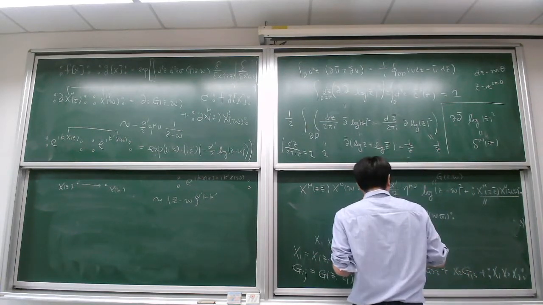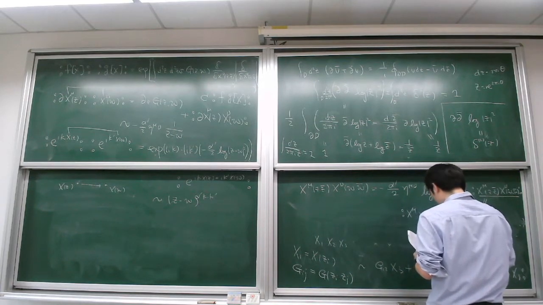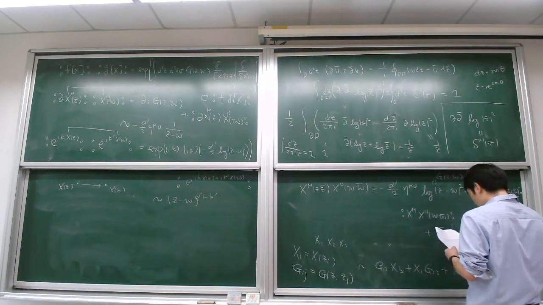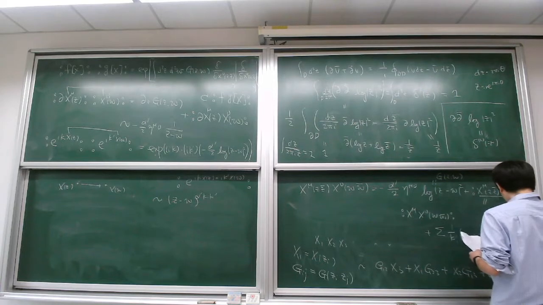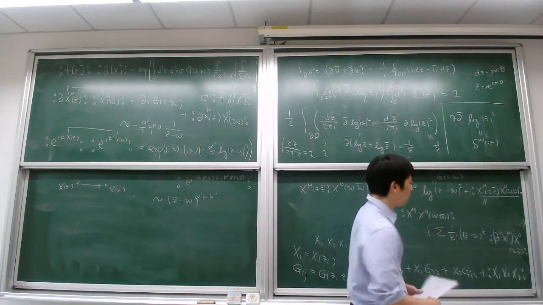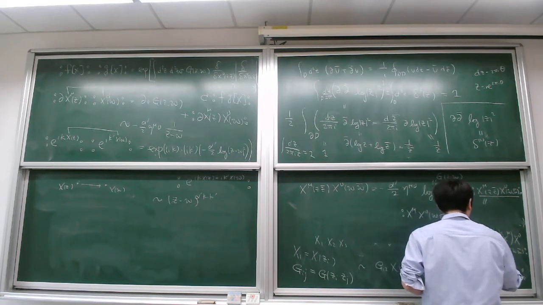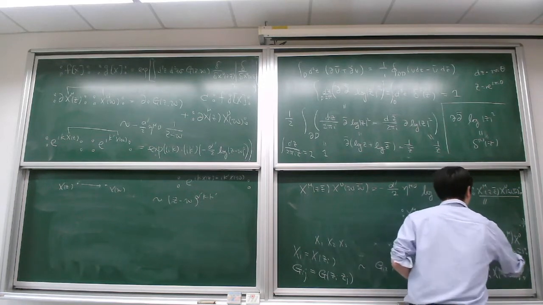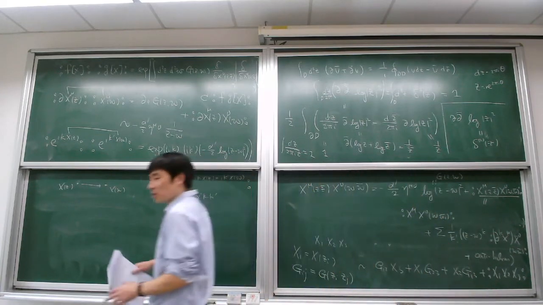Plus the sum over k of 1 over k factorial, z minus w to the k, and then the holomorphic part, partial to the k of X mu, and X nu at w. And then the anti-holomorphic part, so you have another thing with z bar. Plus, you just take the conjugate, with bar. That's what you have to do.